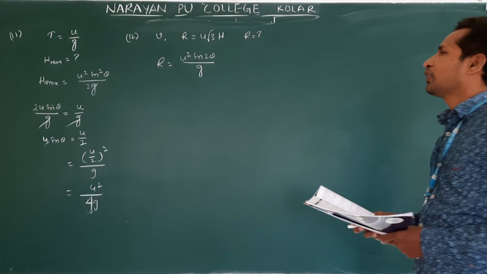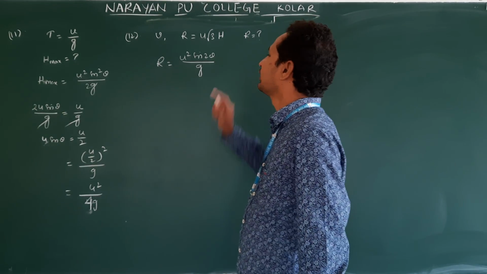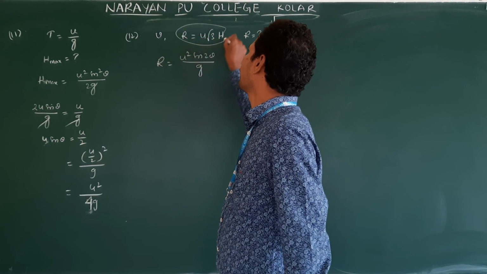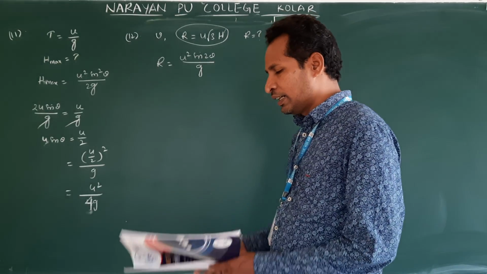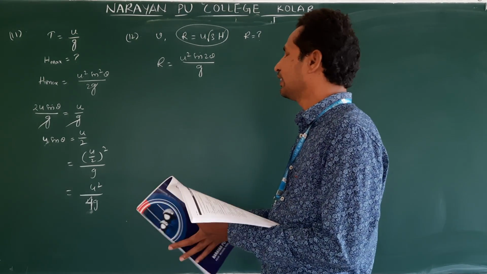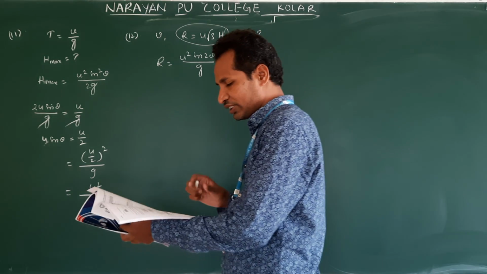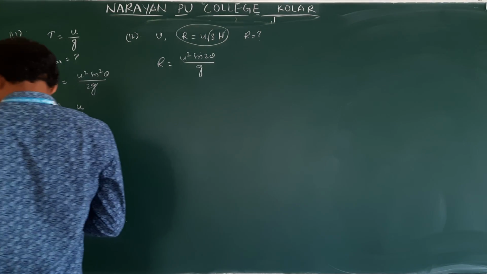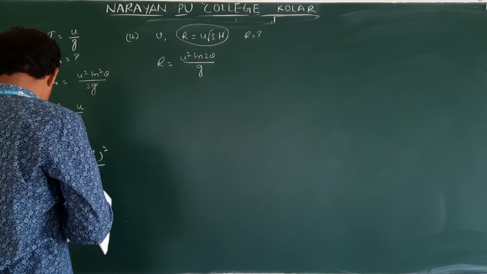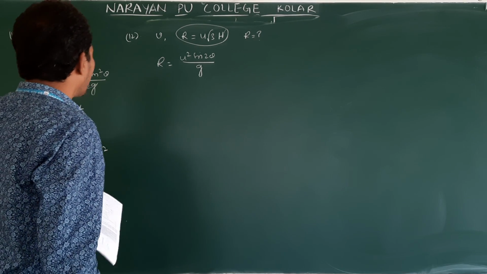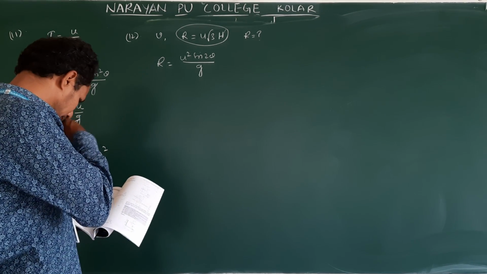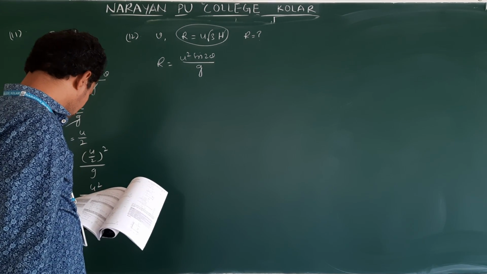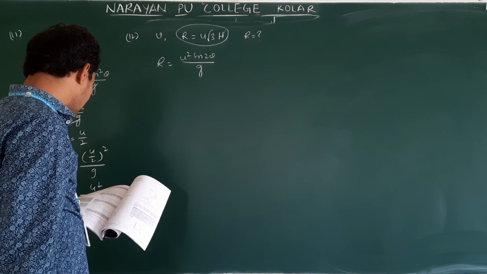So what do we need to find? We need to find theta to get the answer. From this relation we are going to get theta. Already we mentioned the relation between R and H, R by H or H by R. That we have already done in the previous class.